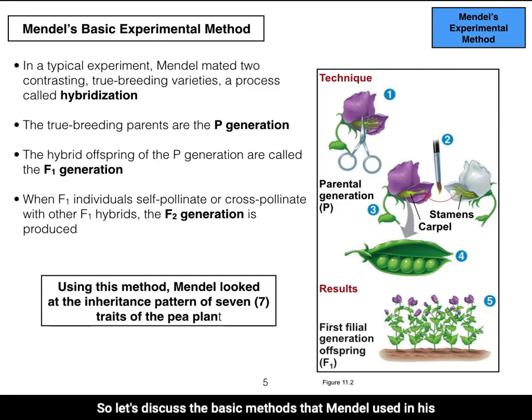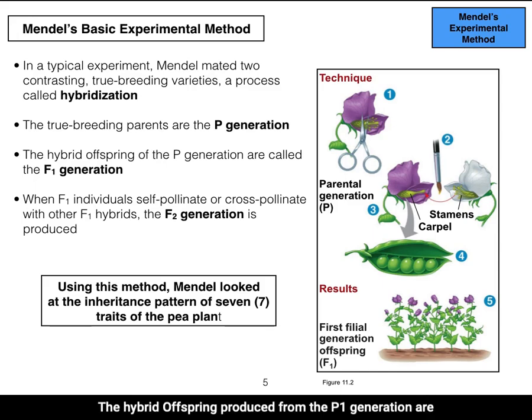So let's discuss the basic methods that Mendel used in his historic experiments. Mendel would make two contrasting true breeding varieties in a process called hybridization. The true breeders are defined as the P generation, or the parent generation.